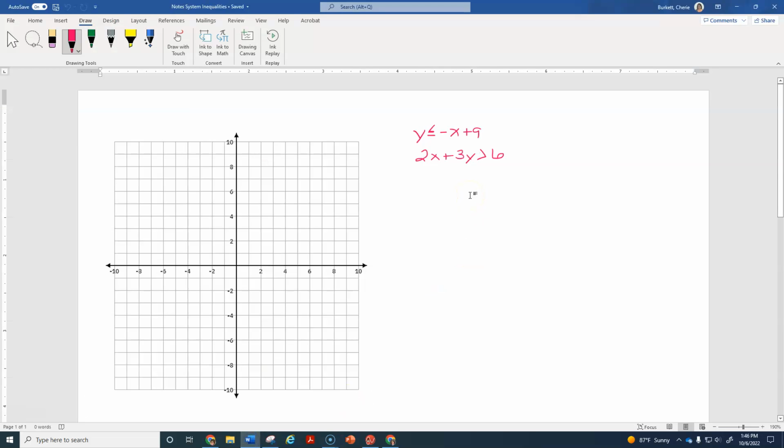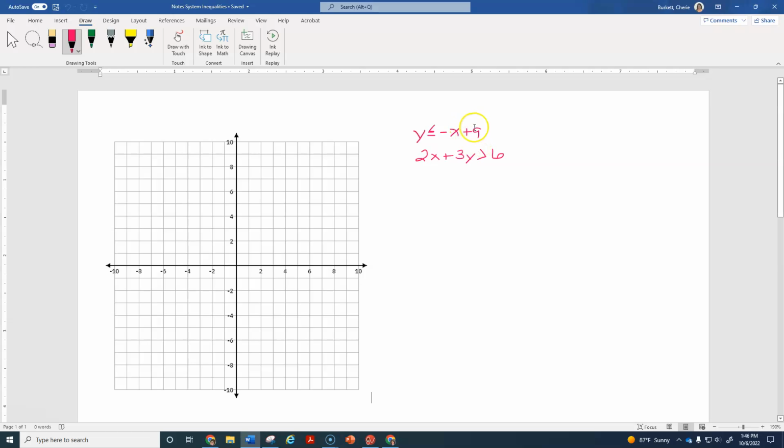So you know that working with slope-intercept form, you start with the B, and you recognize the B is the number that's not with the X. It's the constant. So that's where I put my dot on my Y-axis.